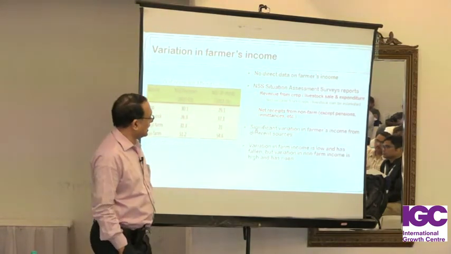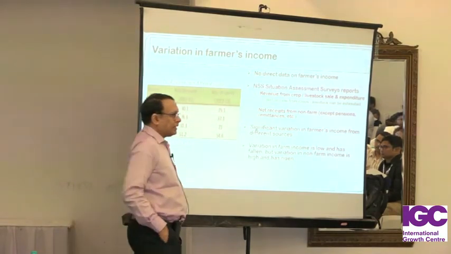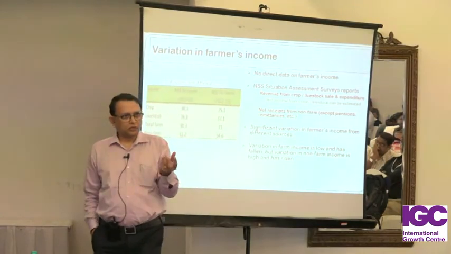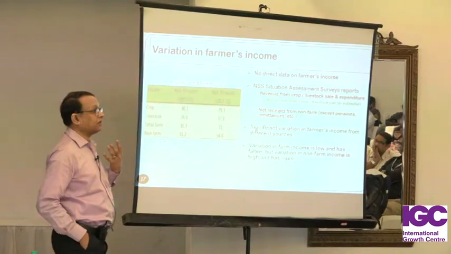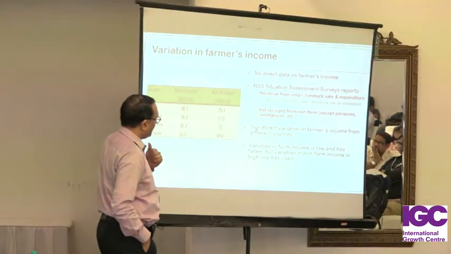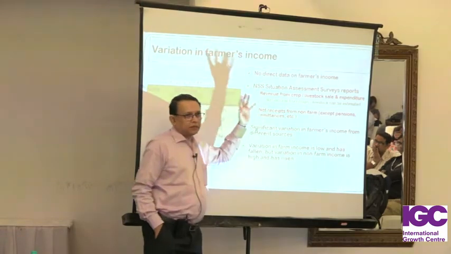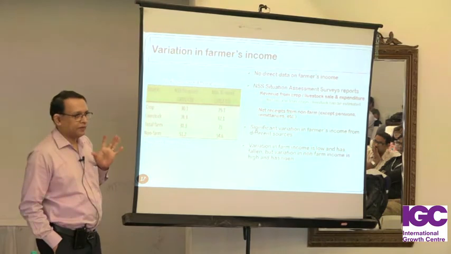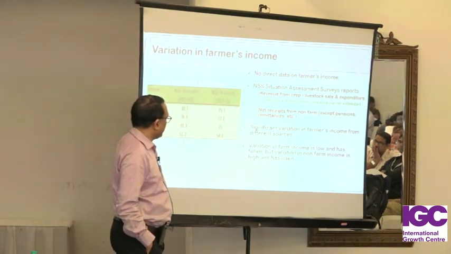So those transfer payments are not there. In that sense, out of the core economic activity that the members of the household are involved in, one can get some idea of the income that they receive. And this can be used to assess the income that they receive in all. So there is a farmer's income that one can compute.